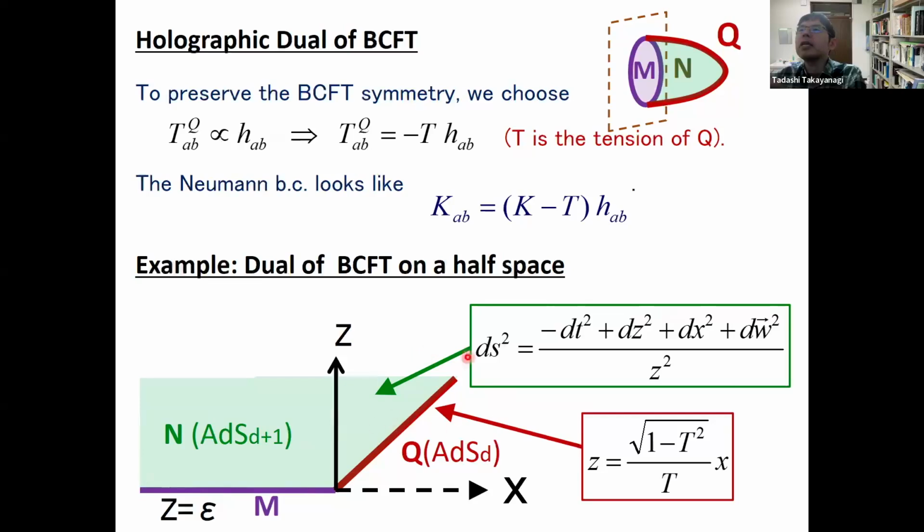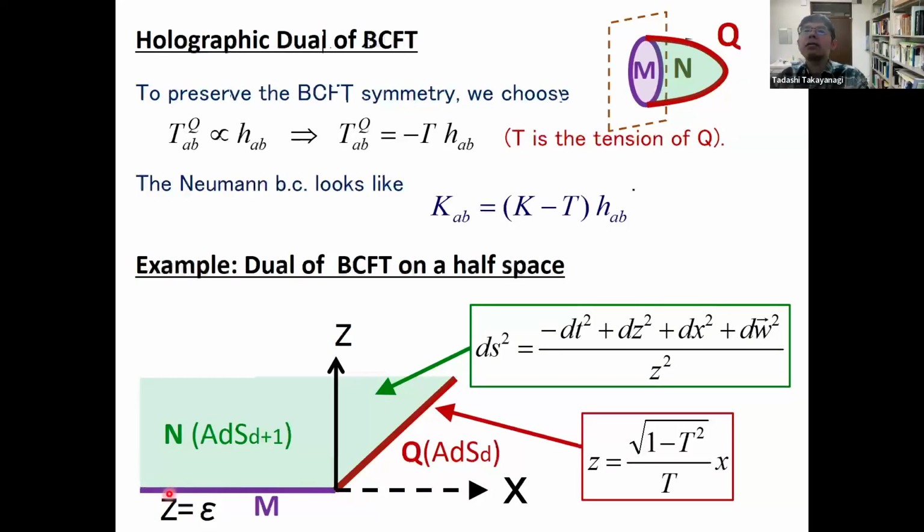The upper half plane is AdS spacetime. But we can also cut out some wedge by putting the end of the brane, which is Q, and we remove this region. So in the white region there is nothing, no universe at all. This green region is our universe. Gravity on this green region is equivalent to the boundary conformal field theory which lives on M. There is no other side. The boundary conformal field theory lives on the upper half plane, or maybe the left half plane.